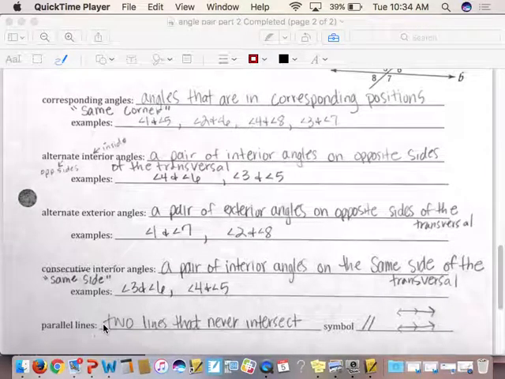And so parallel lines, remember, they're two lines that never intersect. If you want a symbol, if you want to abbreviate the word parallel, it's two slanted L's. And if you want to notate on lines that they're parallel, so I have two lines here, you would add little arrow symbols.